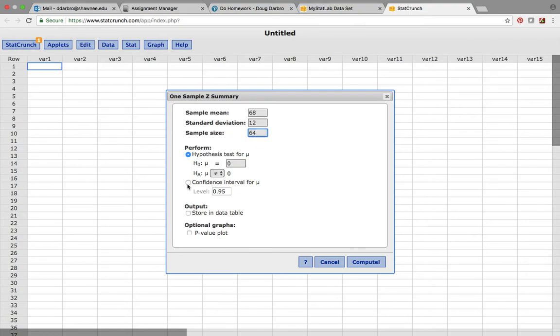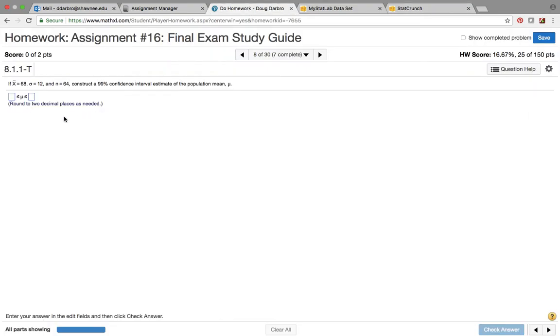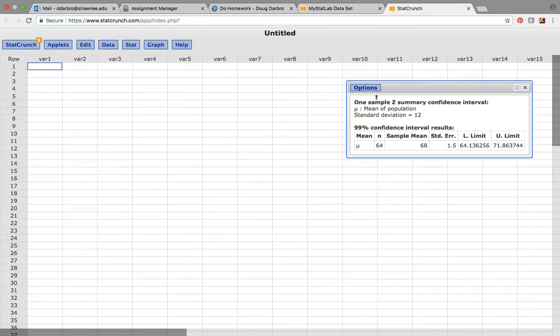So I want a confidence interval, but I want 0.99 instead of 0.95. And I can see that the answer is 64.13. Let's see what they want us to round to. 2 decimal places. So that's going to be 63.14 and 71.86.